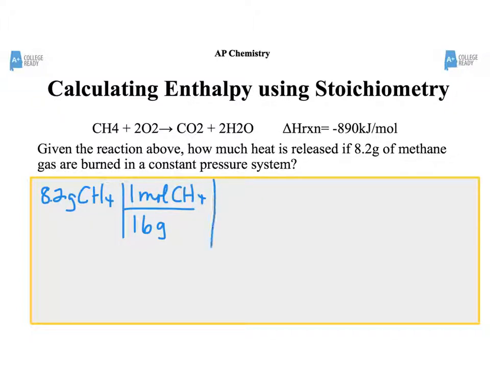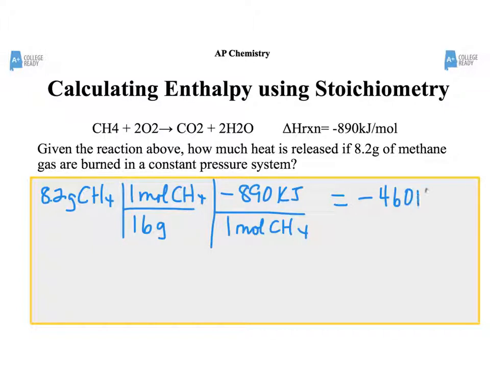And then we're going to use our stoichiometric ratios to figure out how much heat is going to be produced. And for 1 mole of methane, we would produce negative 890 kilojoules of heat. And so we do that calculation, and we get negative 460 kilojoules of heat.